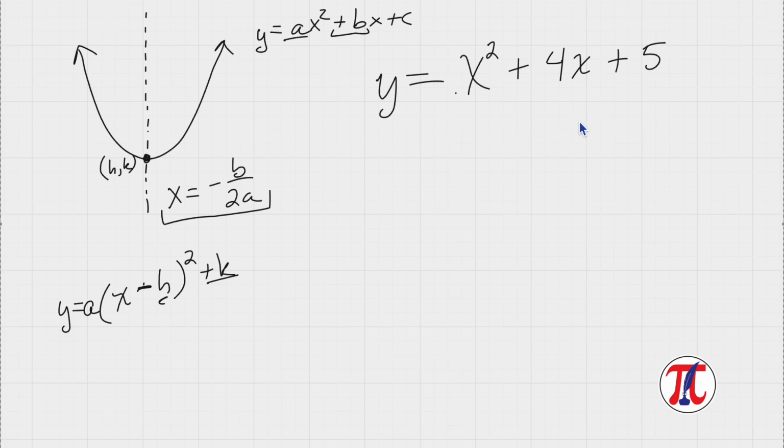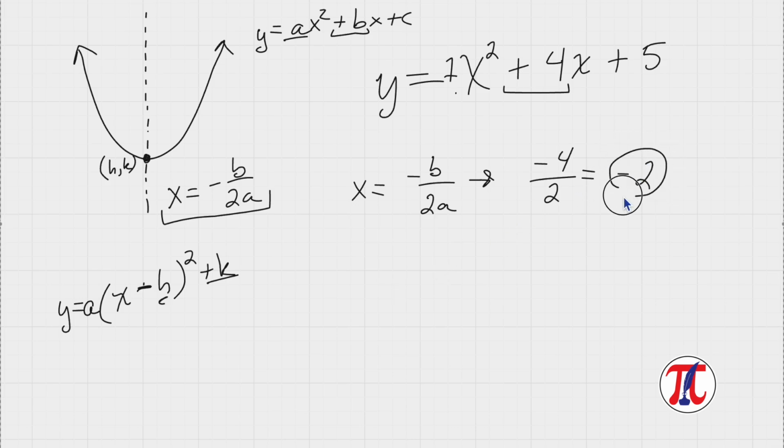So in this case, the one we just looked at by completing the square, if I take negative b over 2a, negative b would be negative 4. 2a, well, a here is just 1, so 2a is just 2. Negative 4 over 2 is negative 2, and that is the x value of my vertex.